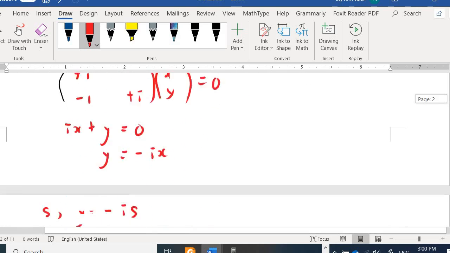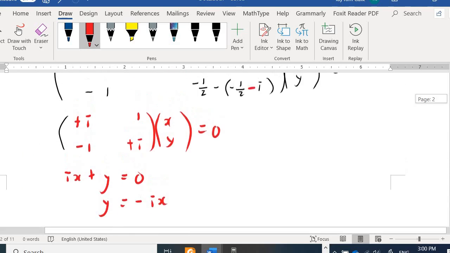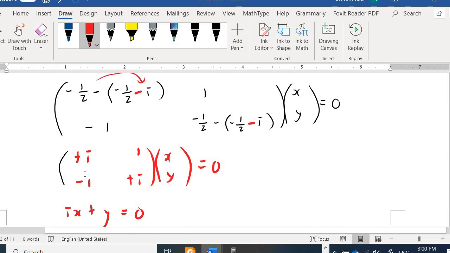Okay, your eigenvector, if you take a different row or you reduce it, you will have a different eigenvector, because we have infinitely many solutions. Because in the YouTube one I reduced it to only one row.